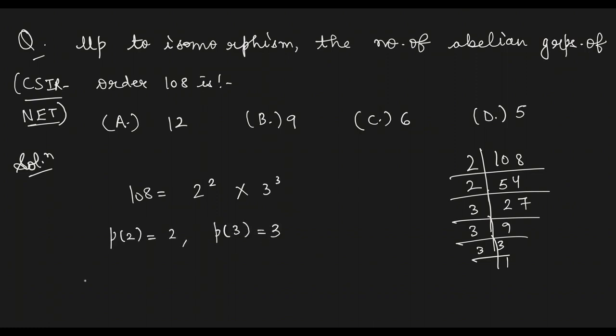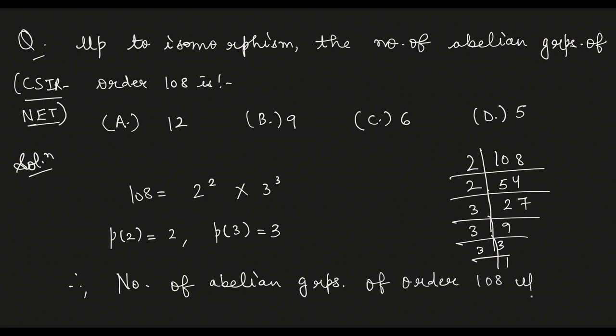Yes, 6 is the answer. Number of abelian groups of order 108 up to isomorphism is equal to partition of 2 into partition of 3, 2 into 3, 6.